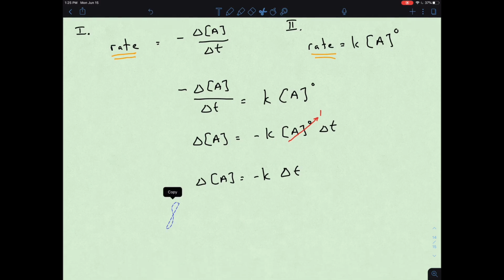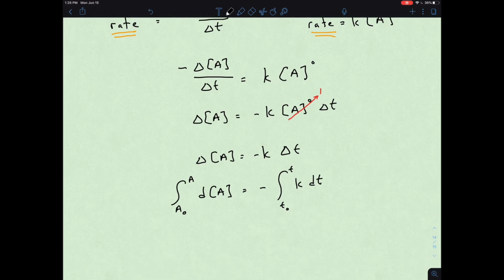And so here's where we now can integrate our values. We can look at our range of concentrations from A initial to A at some concentration of time is equal to negative our integration of our time component, which would be k dt.